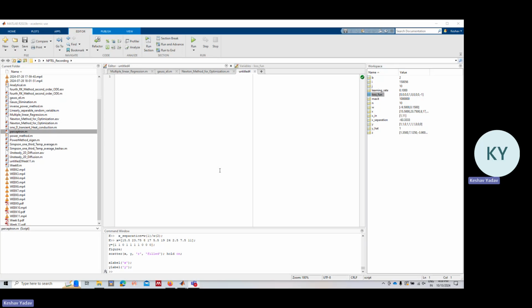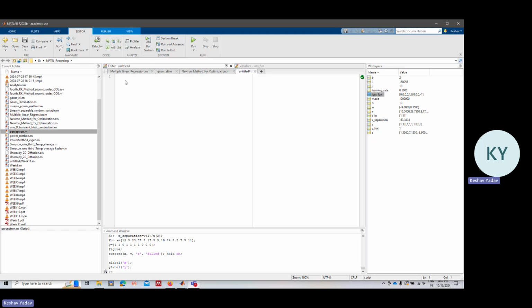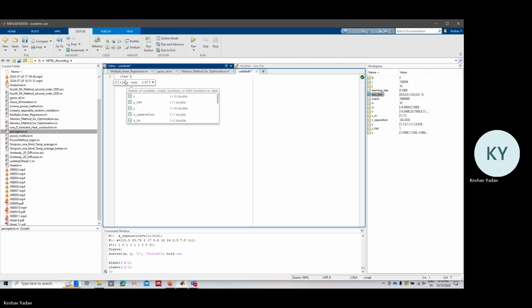I hope you are able to see my screen now. What we need to do here, we need to create a linearly separable data set, a two-dimensional data set, using a standard random number generator. Okay. So before doing anything, I will close everything I have opened. Close all.